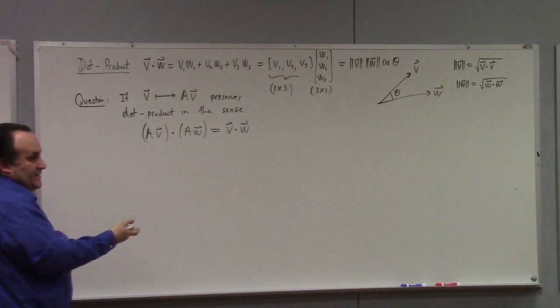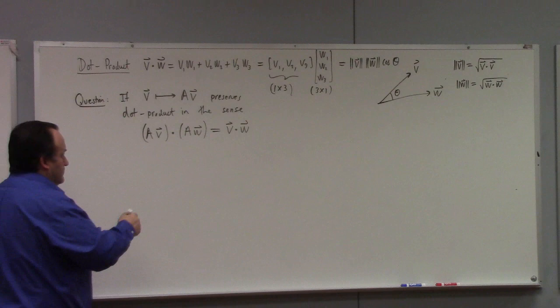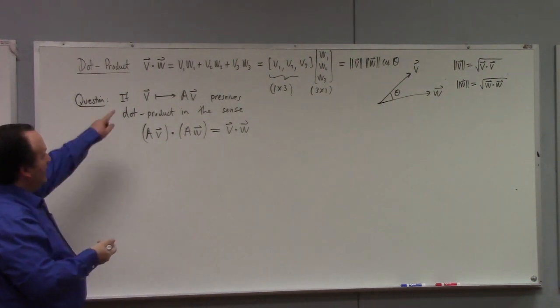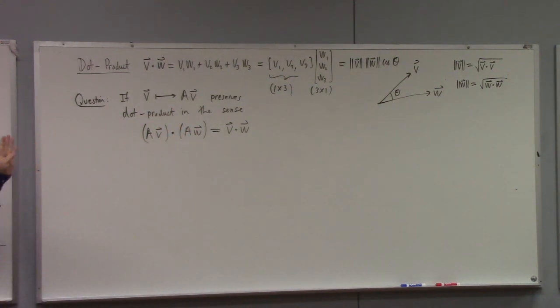If we have that the dot product of the matrix times v with the matrix times w is equal to v dot w, right, for all vectors v and w, that seems like an interesting kind of matrix. Let's see what kind of matrix that is. All right, so let's use the things we know. I just told you that the dot product can be written as the transpose of the vector times the other vector, right?